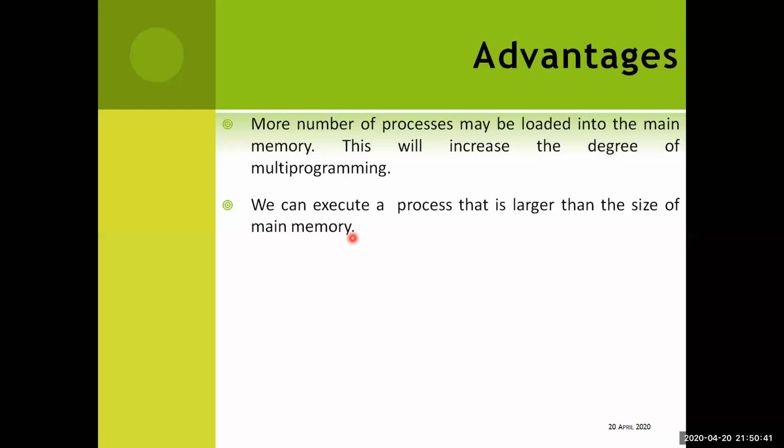With the help of demand paging, we are loading a small portion, so it means we can execute a job whose size is greater than the size of physical memory. We can say if I have a physical memory of 1 GB, and I am using demand paging, I can execute a program of more than 1 GB in this 1 GB physical memory. So these are basically the two main advantages of demand paging.